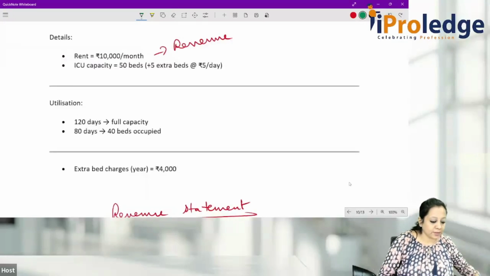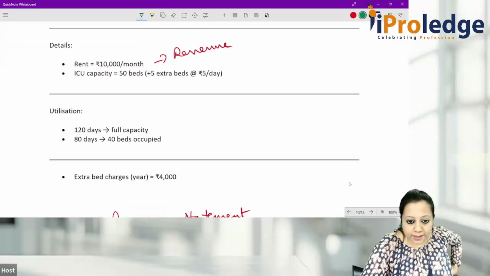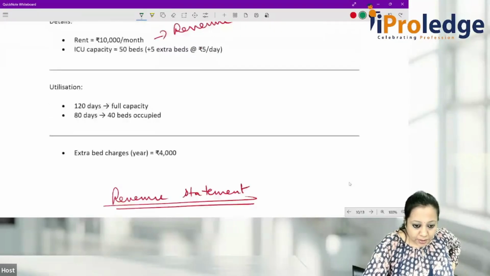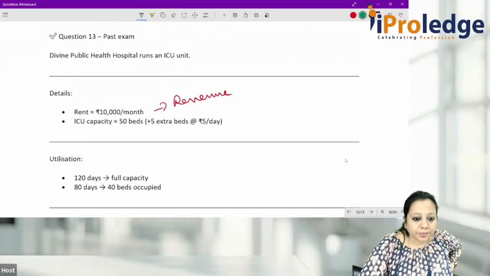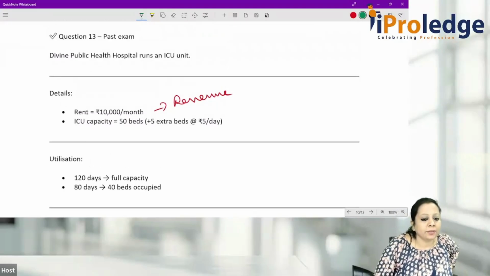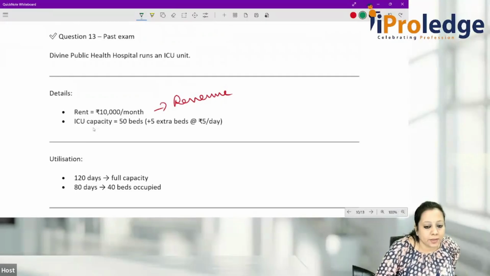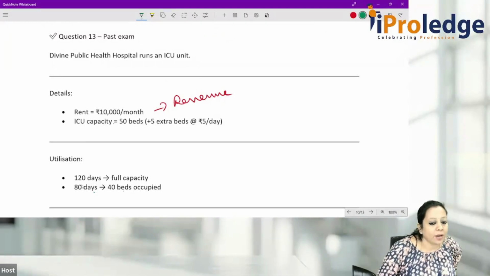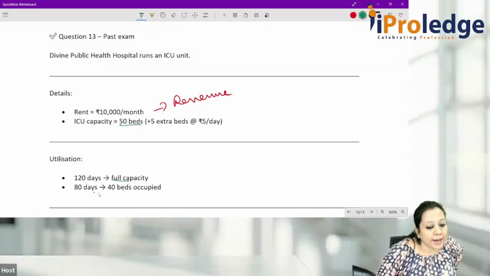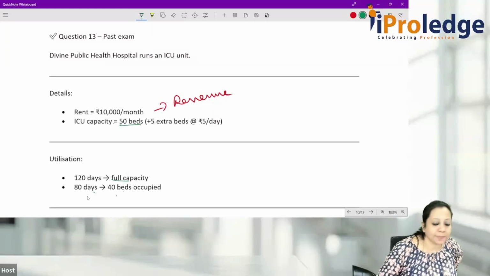Once again, we'll read the full question because I was checking if the question is right. So this is the revenue, this rent. Then we have ICU capacity, 50 beds and all that. Here we have 120 days full capacity, 80 days 40 beds occupied. That means on 120 days, all 50 beds will be occupied, and on 80 days, only 40 beds are occupied.